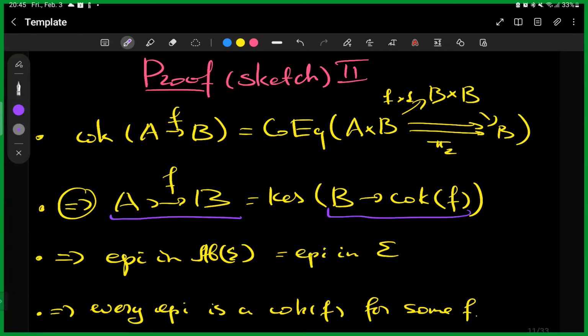And also, we can derive that epimorphisms in the category of abelian group objects coincide with epimorphisms in the underlying category. And from that, we can see that every epimorphism is of the form co-kernel for some morphism F, which is necessary to show that the category of abelian group objects is an abelian category itself.